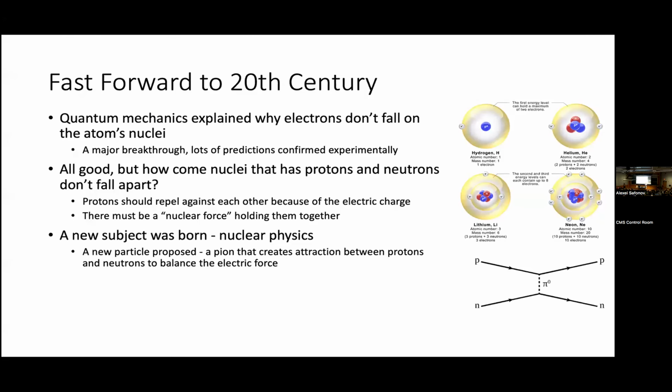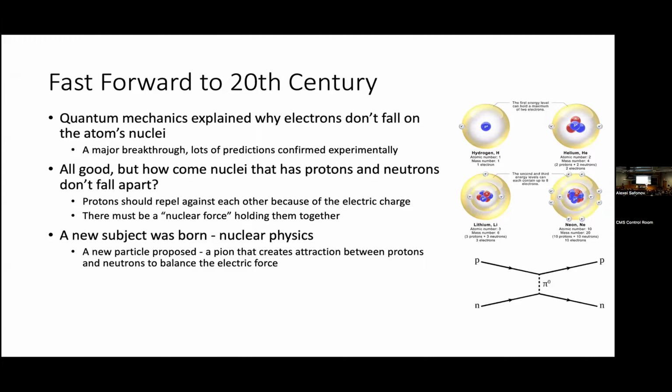But if we fast forward to the 20th century, we got to the point where we know how an atom works. Quantum mechanics, which surrounds us everywhere, right? Your cell phones, television, whatever, all rely on the principles of quantum mechanics, which helped explain how atoms can hold together. If you look at the atom, there is a nucleus and then there are electrons flying around.